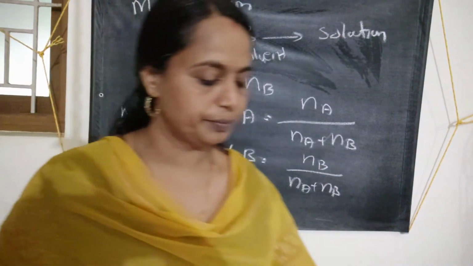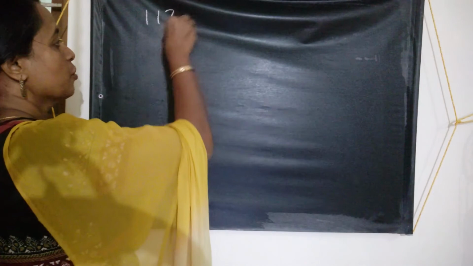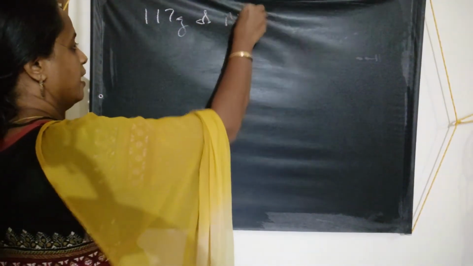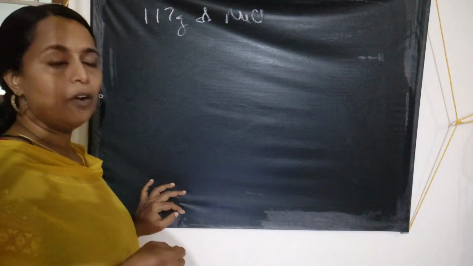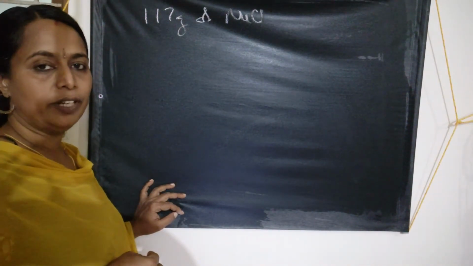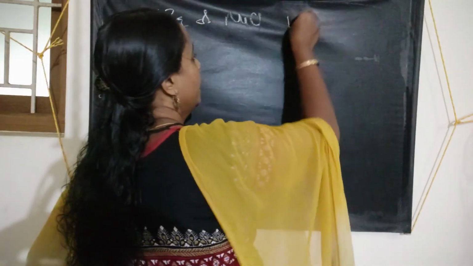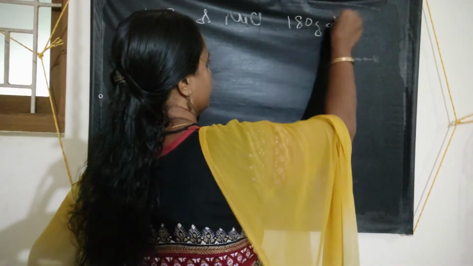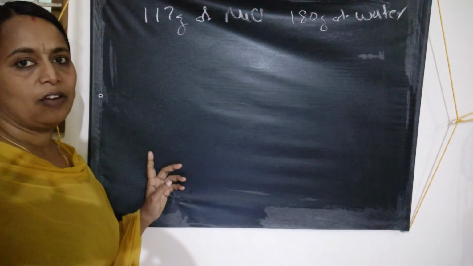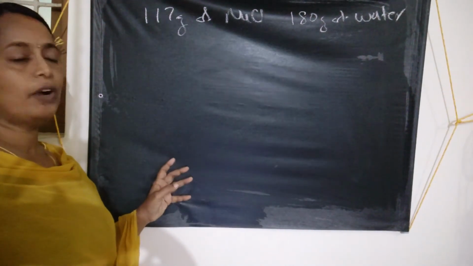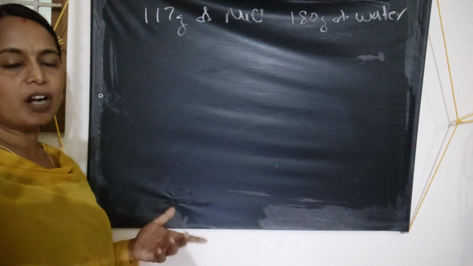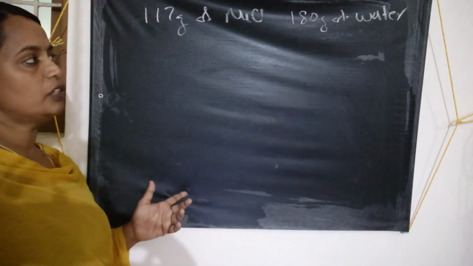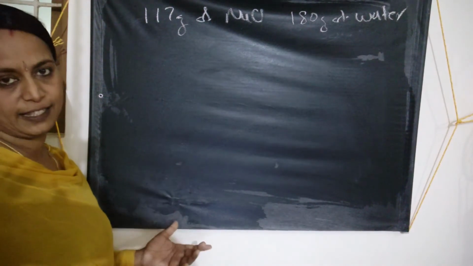For example, in case 117 grams of NaCl is dissolved in 180 grams of water, what is the mole fraction of NaCl and what is the mole fraction of water? That is uppu vellam, salt water. And in salt water, what is the mole fraction of NaCl?